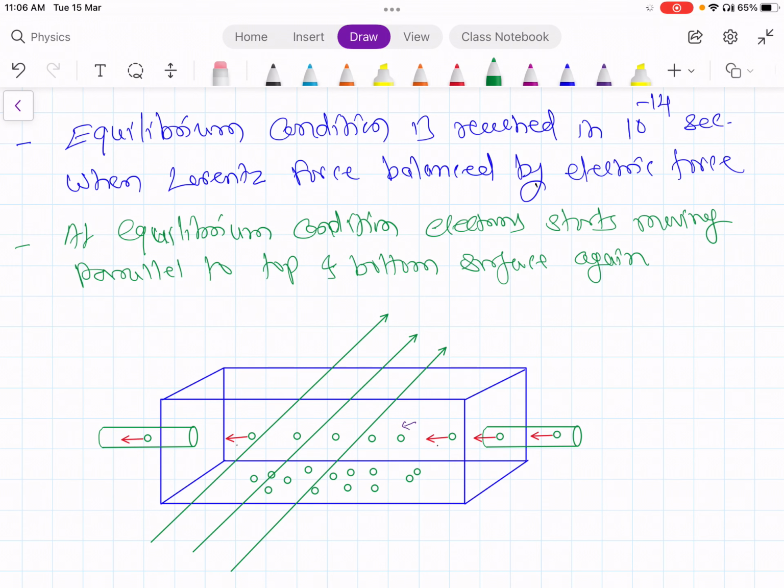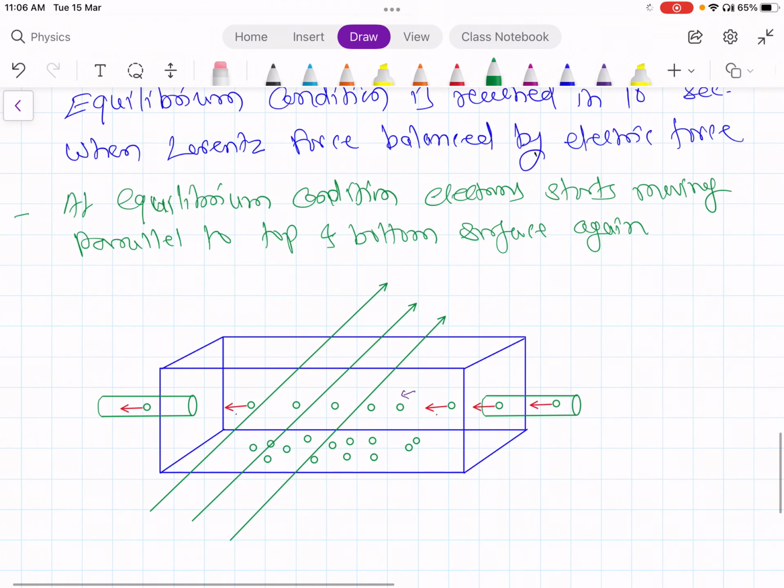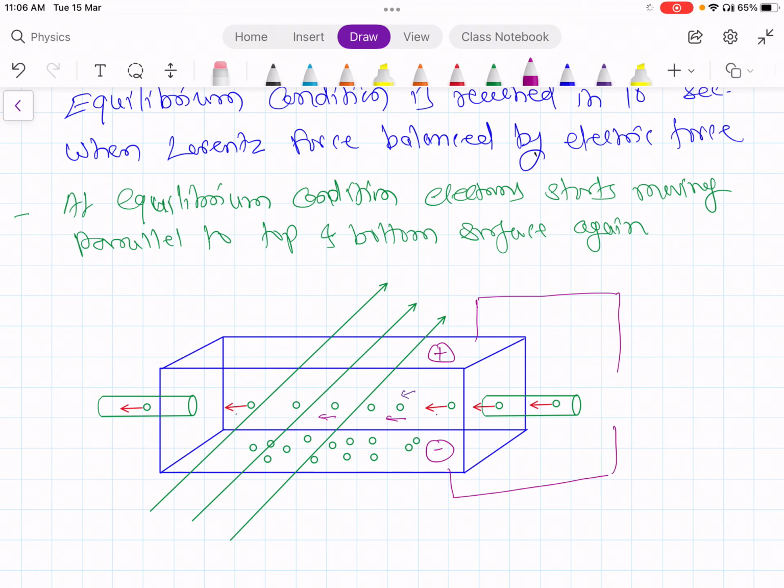The equilibrium condition is reached in this case, and when equilibrium condition is reached, again you can see here electrons start flowing parallel to the top and bottom surface, where the top surface now has positive charge and the bottom surface has negative charge, and across this there is a potential difference VH and electric field EH.